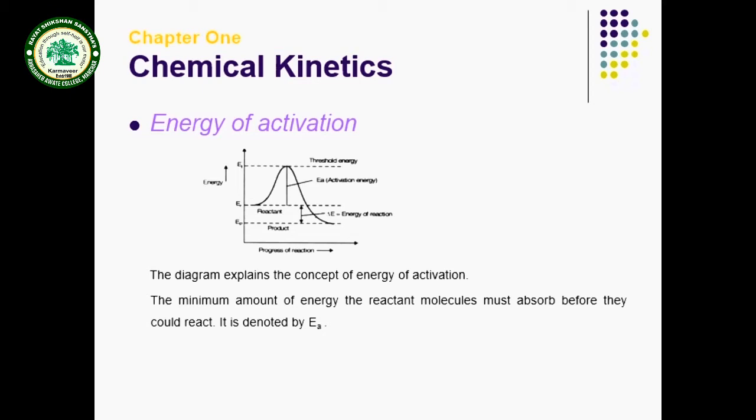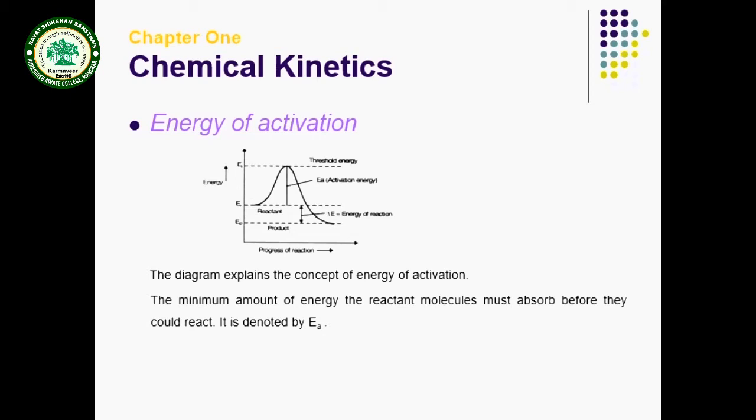Progress means initially the reactants are there and after completion of the reaction the products are there, and in between the reactants and products, how the reaction proceeds is given in terms of progress of reaction. So here we consider the energy of reactants, ER.